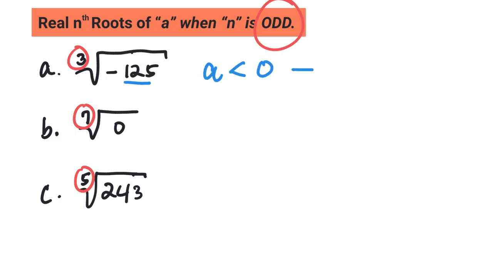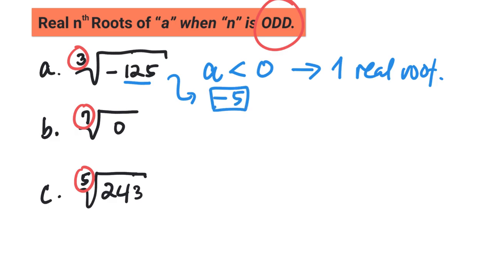It means to say that it only has one real root. So if we're going to solve this one, the cube root of negative 125 is negative 5 only. It means to say that if you multiply negative 5 three times, it's going to give you negative 125. That means one real root.